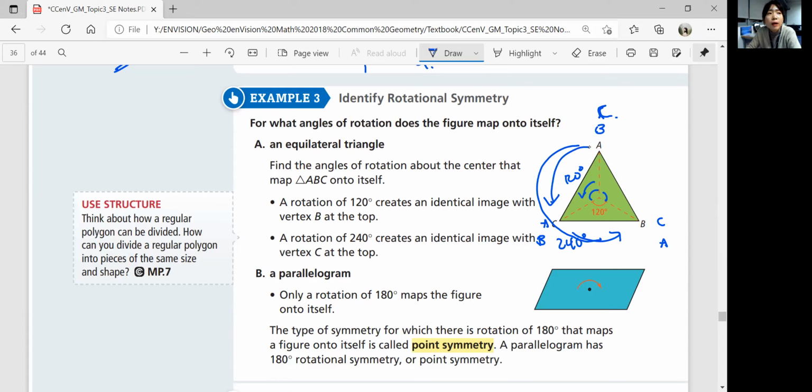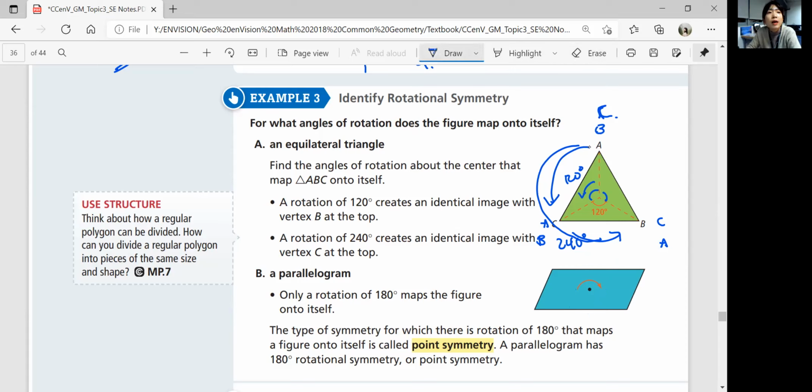Look at a parallelogram. Can you rotate 90 degrees? No, this doesn't work, right? Can you rotate 180 degrees? Yes. Is the orientation going to be the same? Yes. Follow your points. Yes, it's going to work.